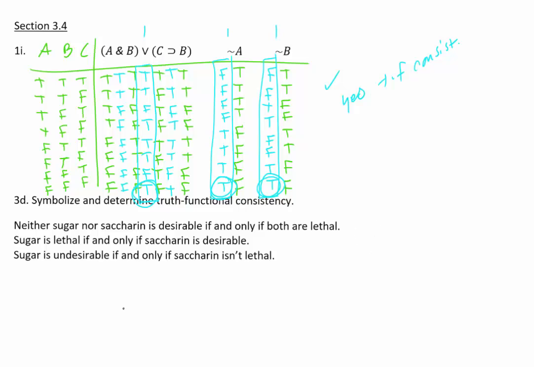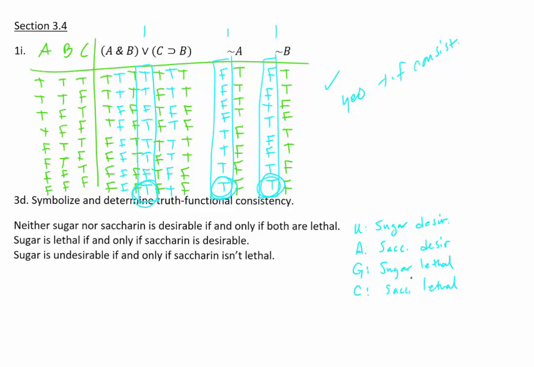So let's say if sugar is desirable, then let's call that U. If saccharin is desirable, then we'll call that A. If sugar is lethal, is G, and then if saccharin is lethal, then we'll call that C.